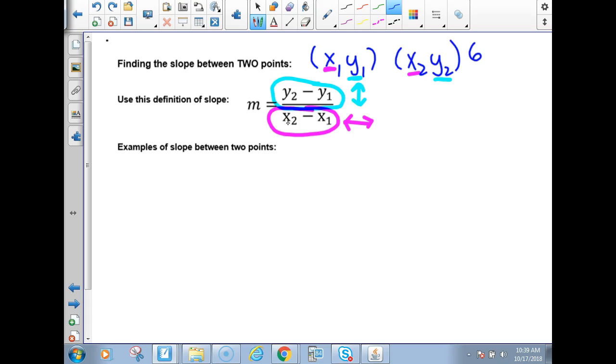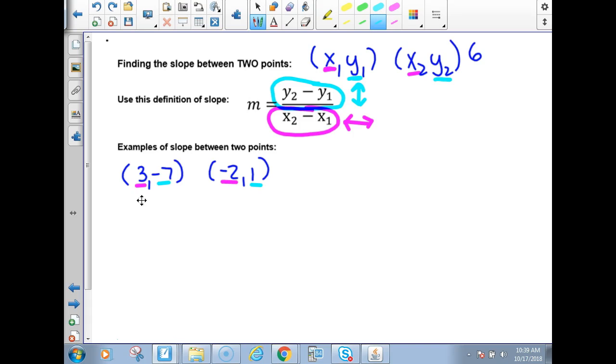All right, now let's look at an example. So I'm going to make up a couple of points, and then we're going to find the slope between them. So say I have 3, -7 for one point, and I have -2, 1 for another point. The x's would be the 3 and the -2, and the y's are the -7 and the 1.